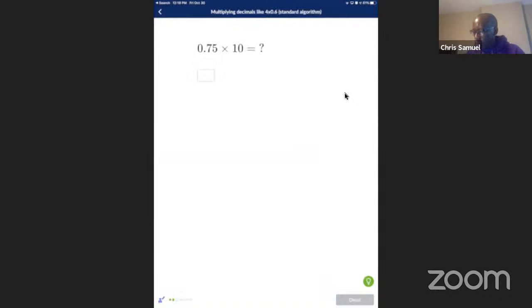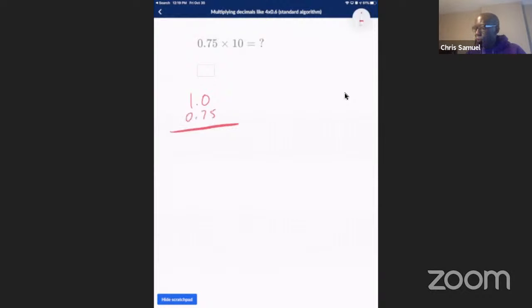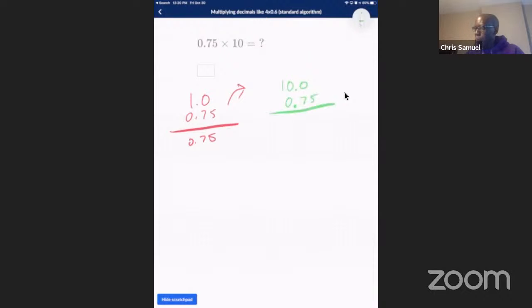Now this is the same one we had before. I'm going to bring it up real quick. So if 1 times 0.75 is equal to 0.75, then over here we will have a 10 times 0.75. We know we're going to have a 75 down here somewhere, but we're going to have extra zeros.